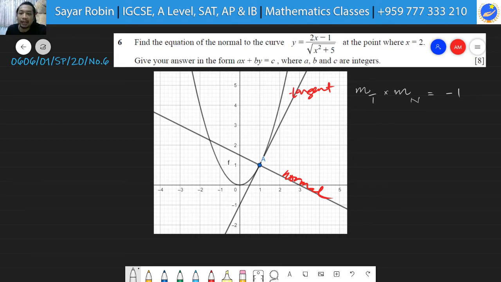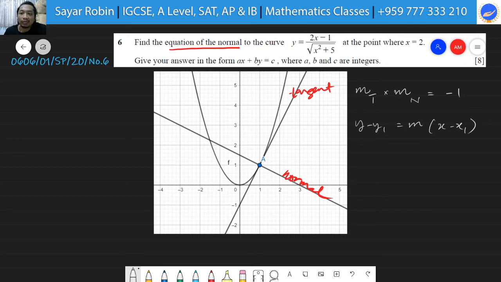For the equation of the normal or the equation of the tangent, whatever it is, you have to know y minus y1 is equal to gradient m into x minus x1. This formula is really important.